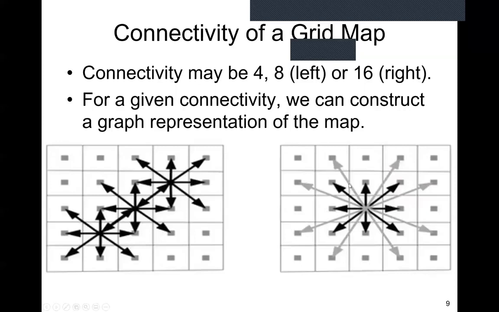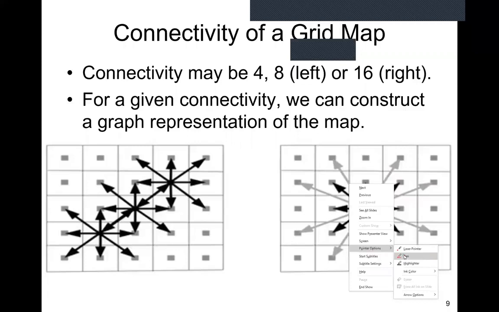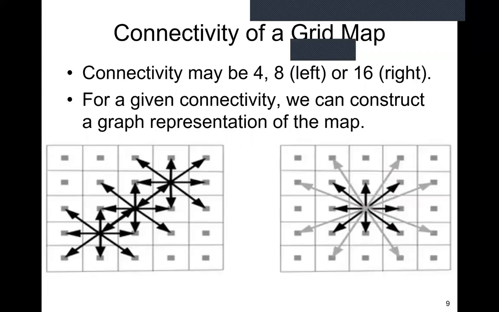If it's 16, you may travel to further away grids, like from here to here directly. So each one is more and more fine-grained, with more and more flexible travel directions. So for each given connectivity, we can construct a graph representation of the map.